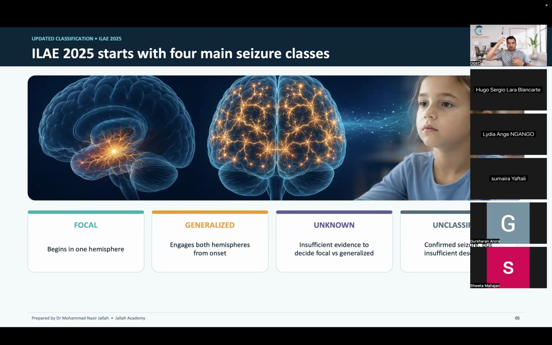But generalized starts from both at the same time, so the onset is from both hemispheres, from the whole brain. The focal will start from the focal area. Unknown means insufficient evidence, which is self-explanatory. Unclassified is a confirmed seizure but with insufficient description.